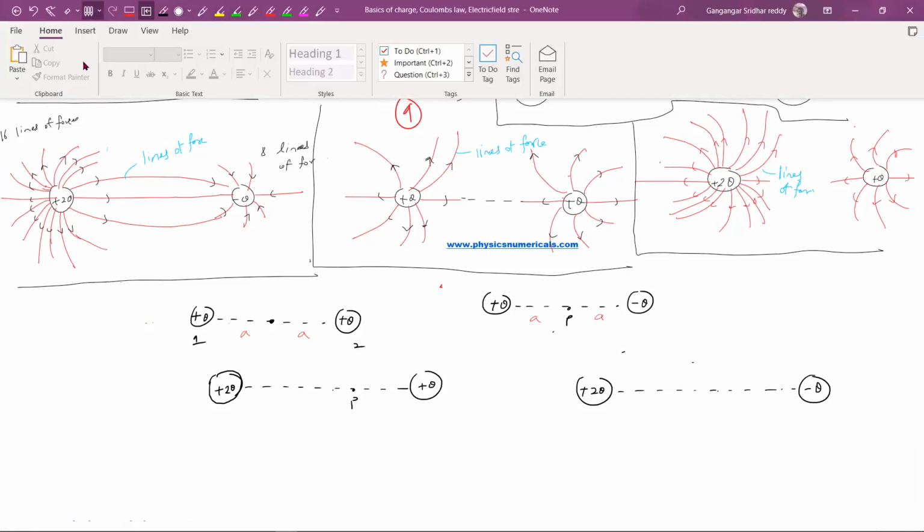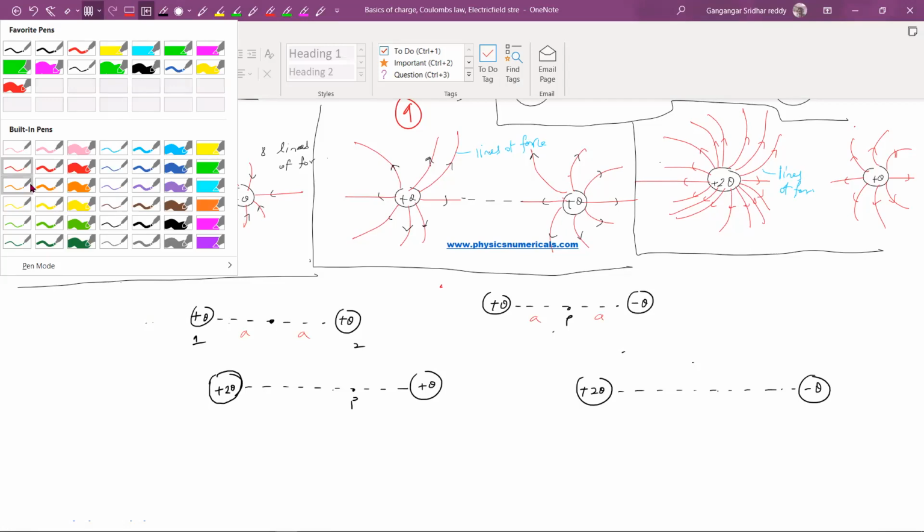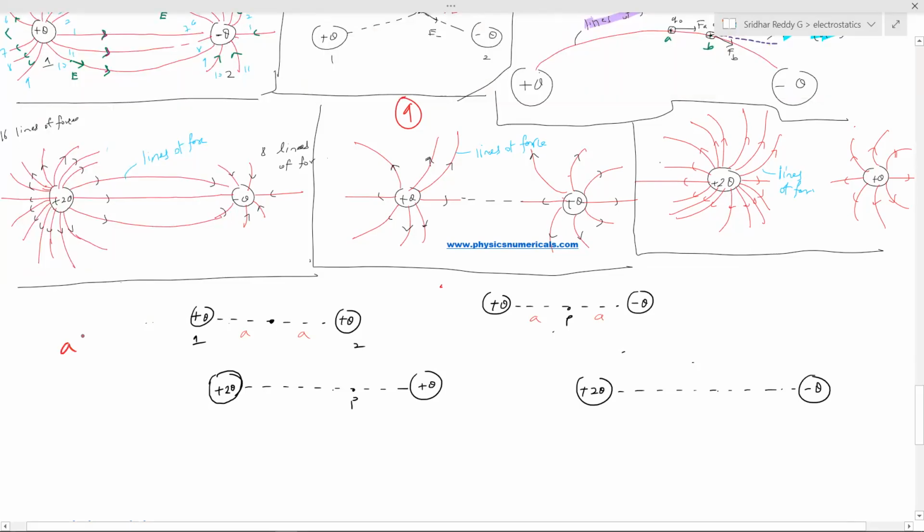I'll change it. Yeah, this will be okay. The separation is A. So first, what is the field at this point 1? Due to this point charge, E1 will be like this. Due to this point charge, E2 will be like this.